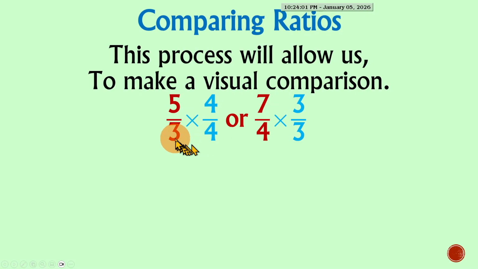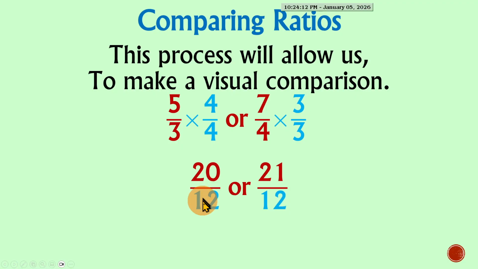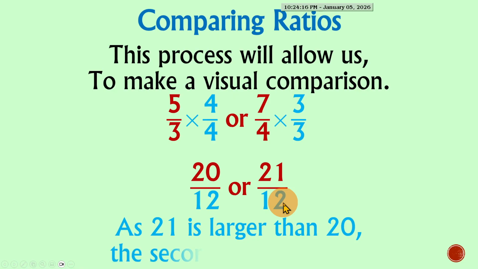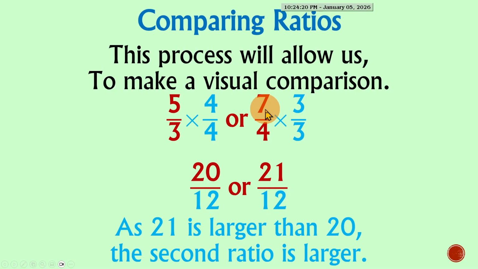It's the reverse. Notice I'll have 3 and 4 in the denominator here, but here I'll have 4 and 3, and this might be a better way to remember when you're doing this. So we're going to get 20/12 and 21/12. As 21 is larger, the second ratio is the larger ratio. That ratio is 7:4.